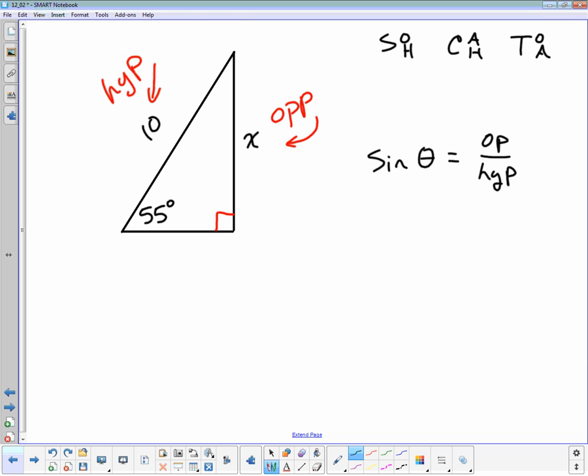Now let's plug in the stuff that we know and solve for the stuff that we don't. The opposite is x, and the hypotenuse is 10. I need to get x alone. So what am I going to do? Multiply by 10 on both sides, because I have x divided by 10. If 10 is dividing, I multiply to get rid of it.